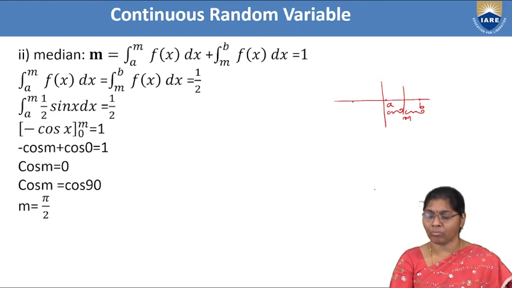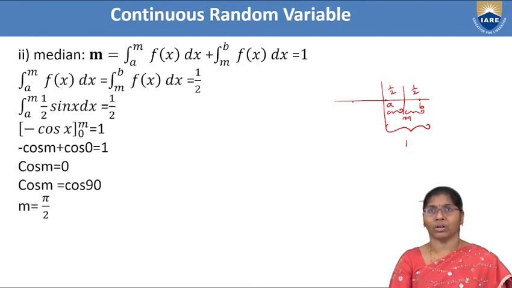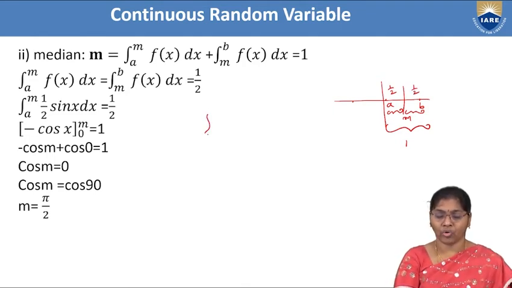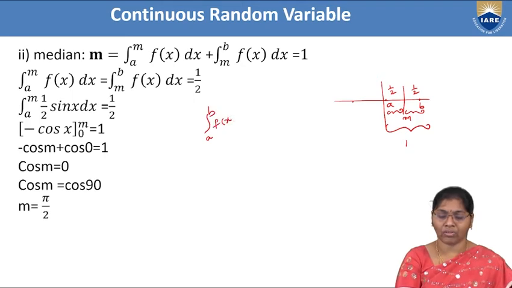The total is equal to 1, so the first part is 1 by 2 and the other part is 1 by 2. Here the integral A to B of f of x dx is equal to 1. I am splitting into subparts, where the middle value M is the median: integral A to M of f of x dx plus integral M to B of f of x dx equal to 1.